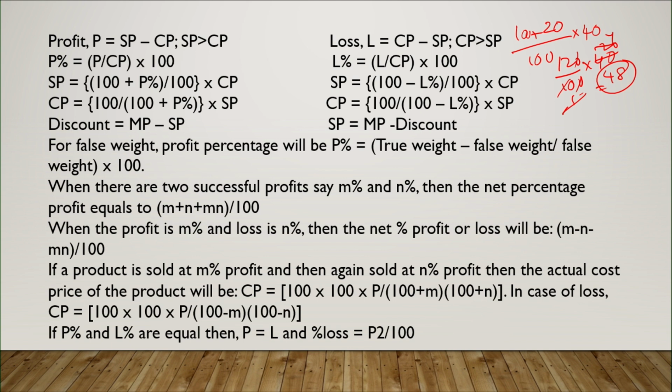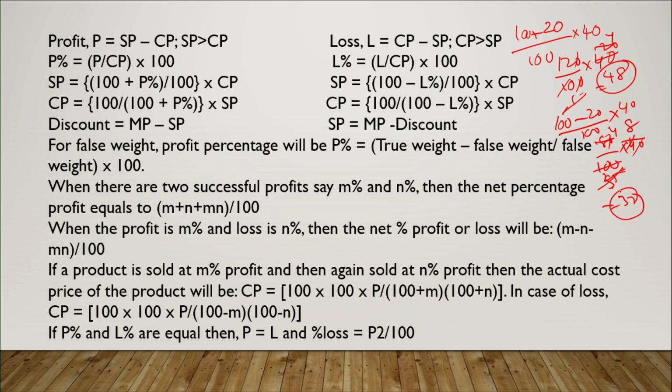Same question: 40 rupees cost and 20% loss, you have to say (100 minus 20) by 100 into 40, means 80 by 100 into 40, which is 32 rupees.